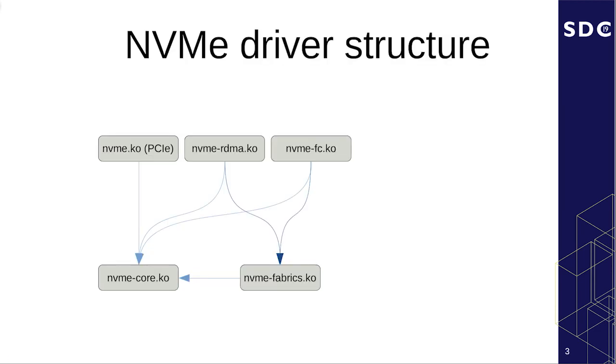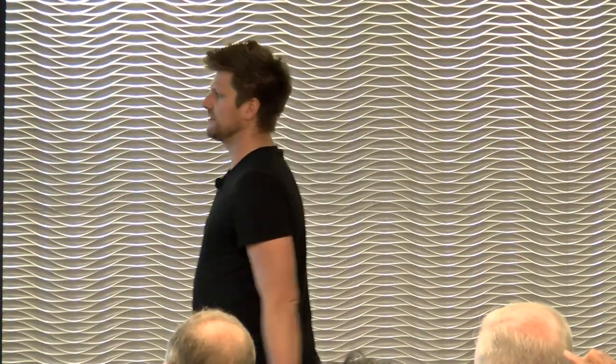And back from that old talk, this is kind of what we mean when we say the Linux NVMe driver. It's not really a single driver anymore. It's really a driver stack. So we've got a core module down in the lower left corner. This is completely generic NVMe code that you use over PCIe and over the various network transports.